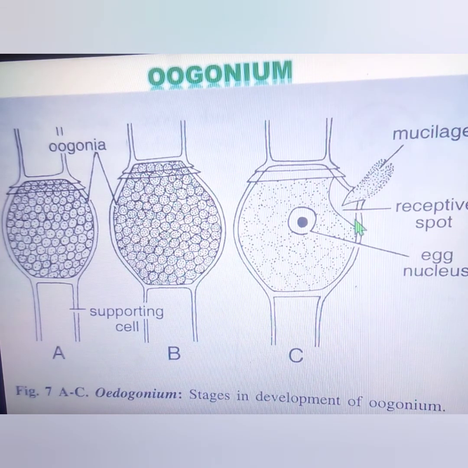So this portion is therefore referred to as the receptive spot, and the egg nucleus will move under the receptive spot. You can see here it will start moving just under this receptive spot before fertilization.